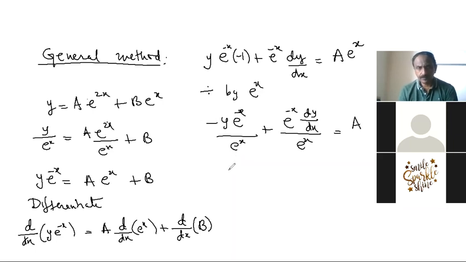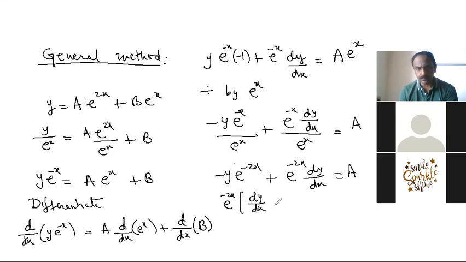Now I can write minus y e raised to minus 2x plus e raised to minus 2x into dy by dx equal to a. For convenience of differentiation, I'll take e raised to minus 2x common and write it as e raised to minus 2x into (dy by dx minus y) equal to a.